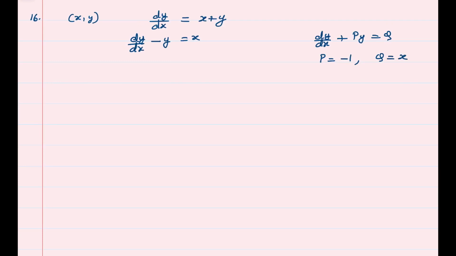P and q are functions of x or constants. We will find the integrating factor, which is e raised to integral p dx. E raised to p is minus 1. Therefore, integrating factor is e raised to minus x.